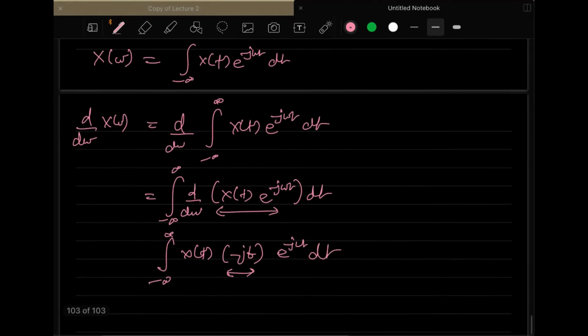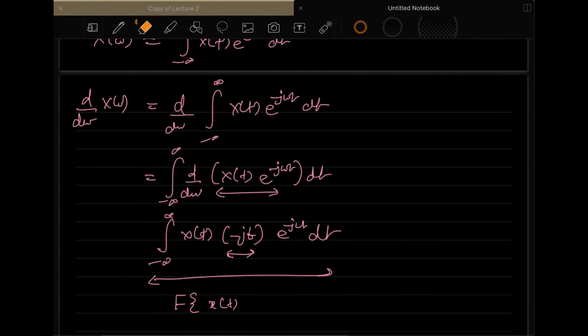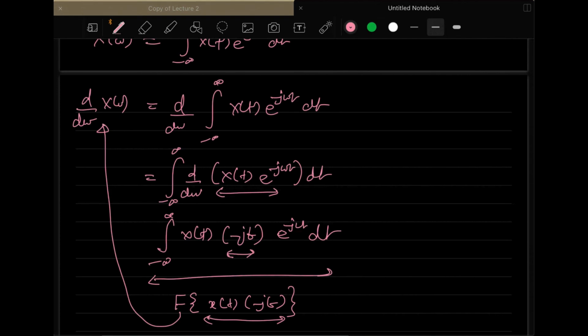So now you know that this particular thing is nothing but the Fourier transform of x of t times minus jt. If you take the Fourier transform of this signal, the corresponding frequency spectrum will be the derivative d by d omega of X of omega.